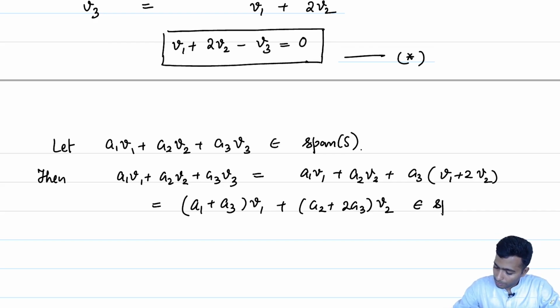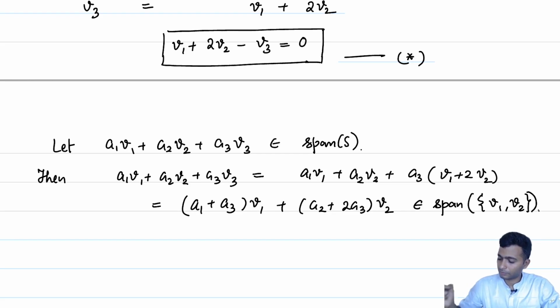which is an element of the span of the set V1, V2. So, if we were to study the span of S here, we do not really have to study the span of the entire set S, we just have to look at the span of V1, V2.